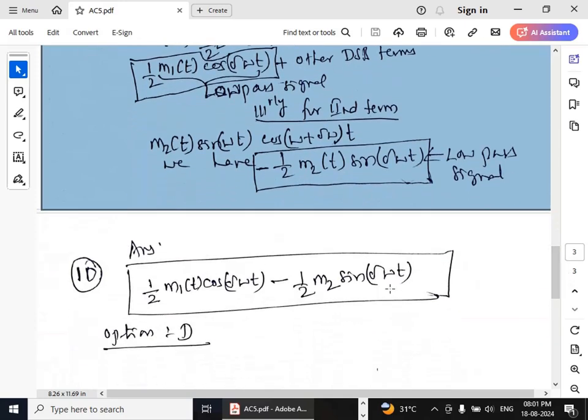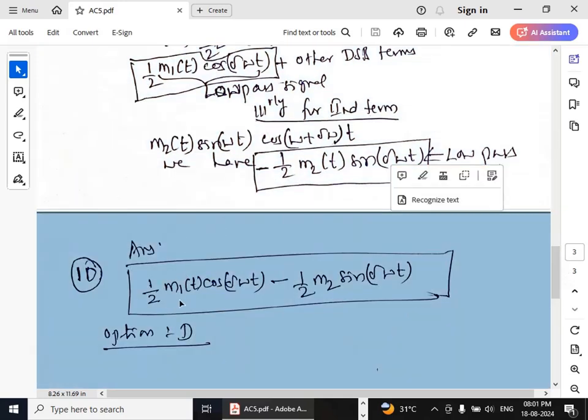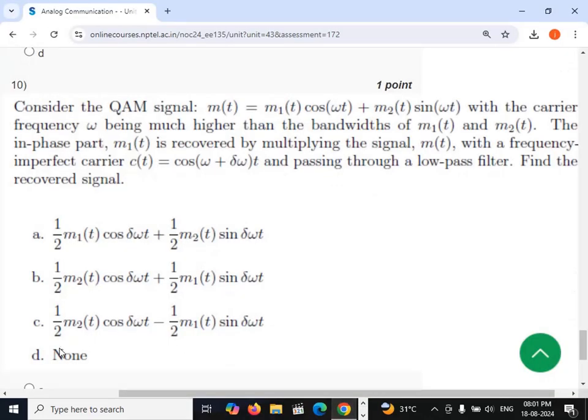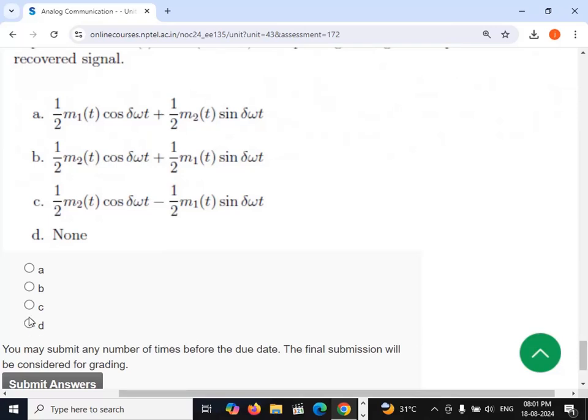This is the actual output: 1 by 2 m1 t cos delta omega t minus 1 by 2 m2 sin delta omega t. But in the options, the plus sign is missing. Therefore I consider this as null. So the option is D. Thank you.